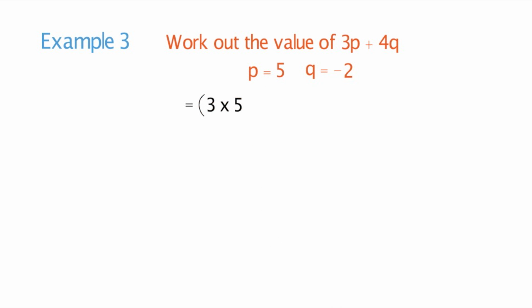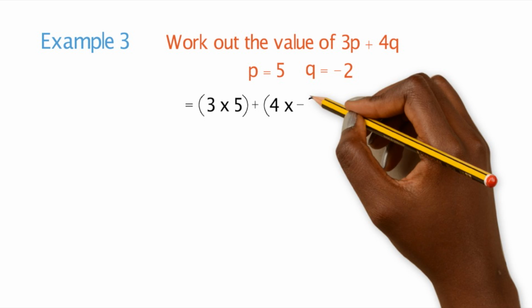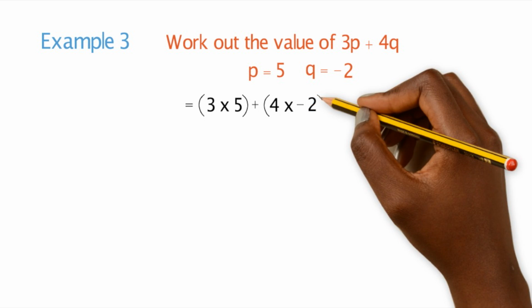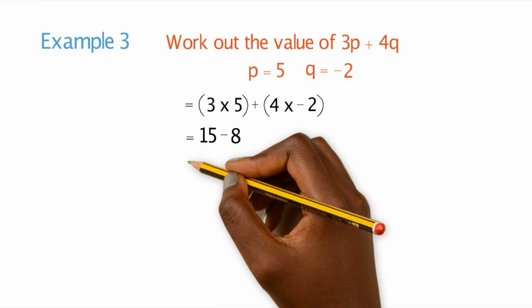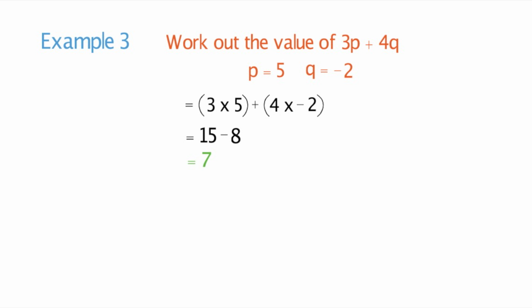So it's going to be 3 times 5 plus, rather than 4q, it's going to be 4 times minus 2. And I want to see if you know the answer of what happens if you multiply a positive and a negative together before it comes up on the screen. So the answer from that will be 15, and it's going to be negative 8. If you worked that out, well done, quick maths. So 15 minus 8 would give you an answer of 7.